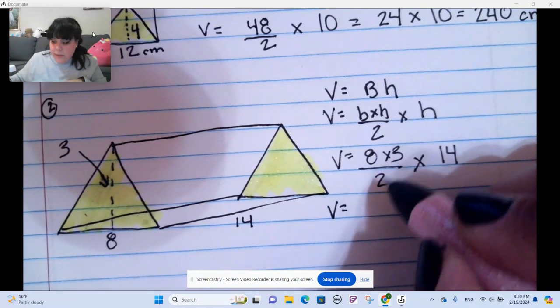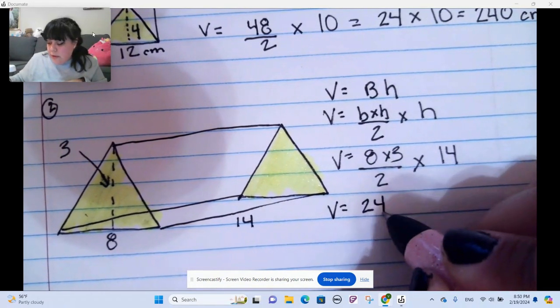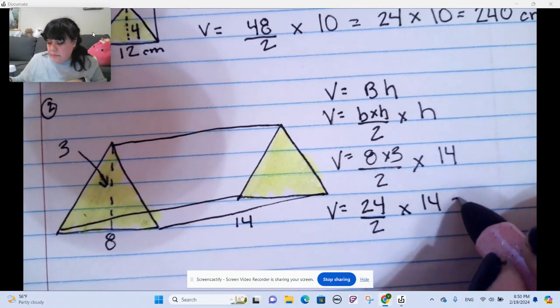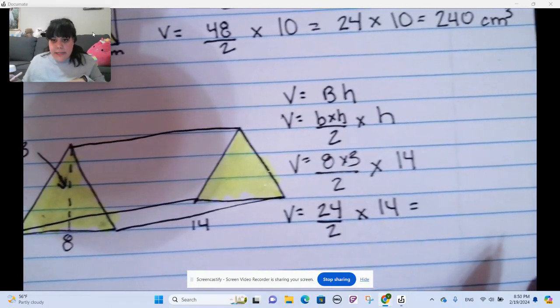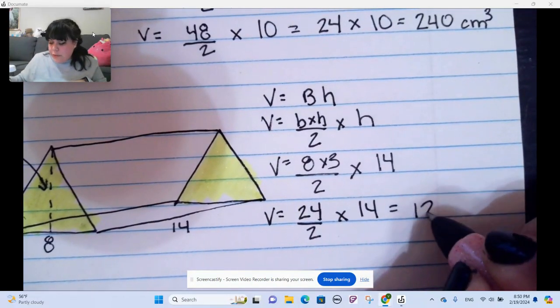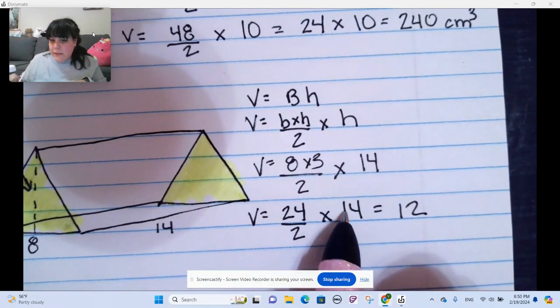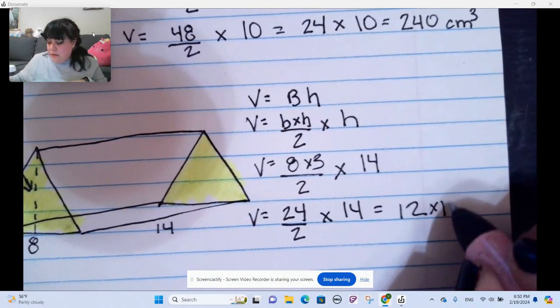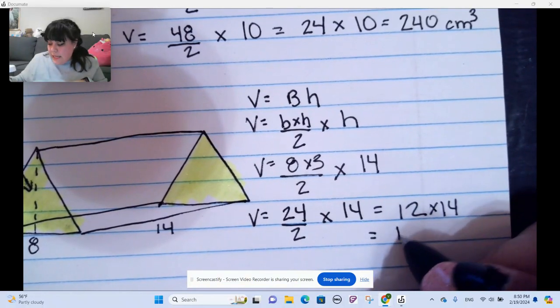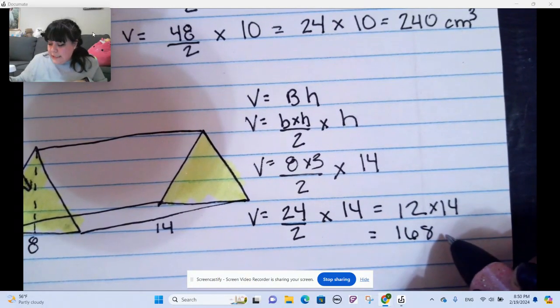8 times 3 will give me 24 divided by 2 times 14. Okay. So 24 divided by 2 will give me 12. And I'm going to multiply by 14. And that is going to give me 168.